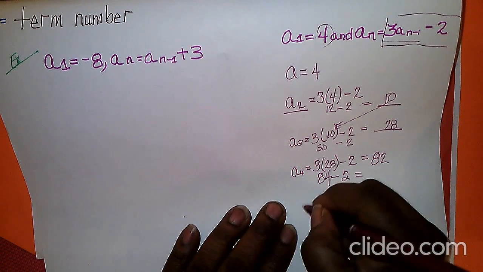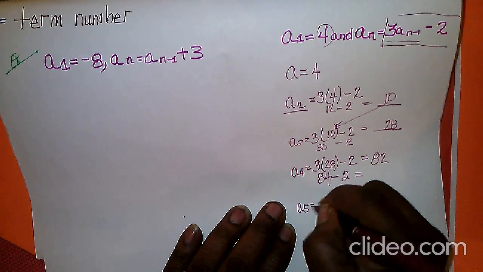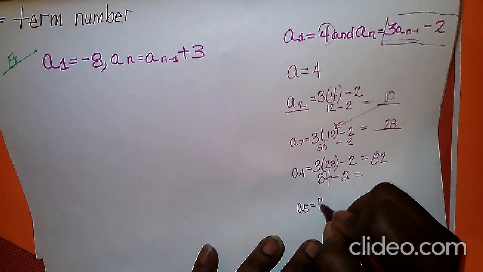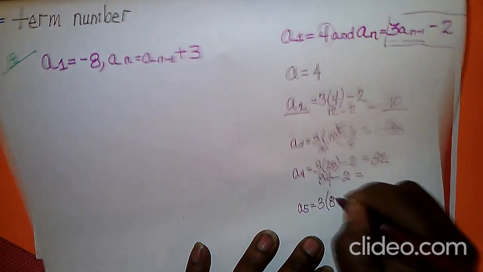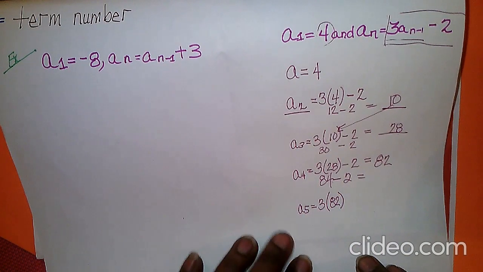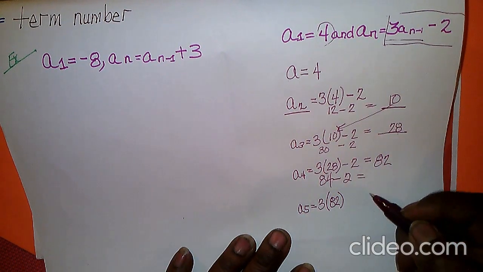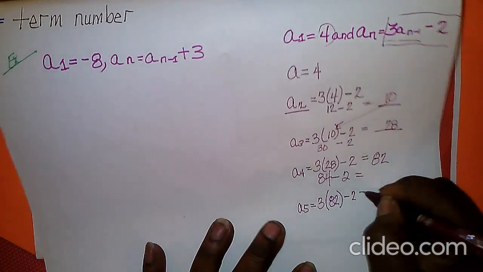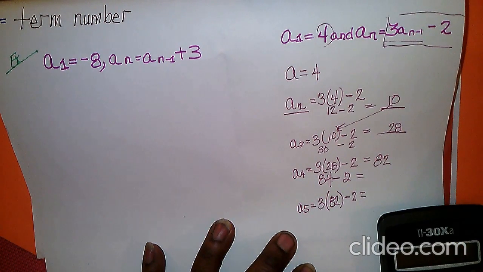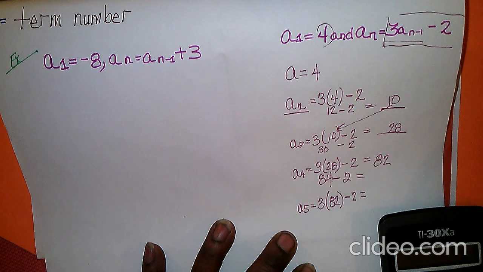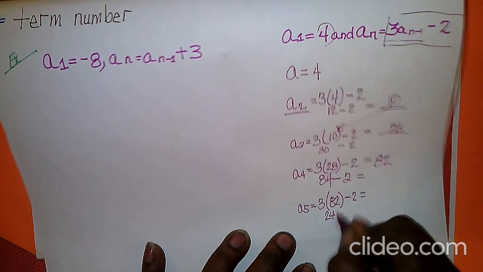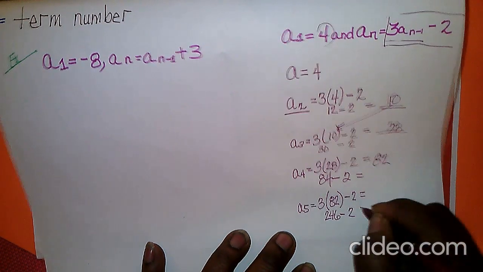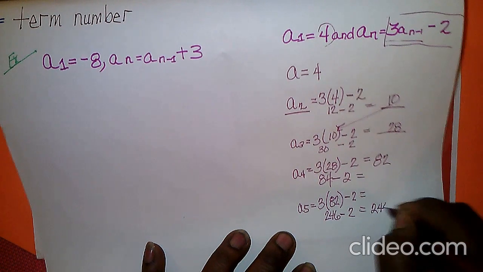And then now to A5, which is 3, and then we're going to substitute 82 in for our A, times 3 minus 2 equals 246 minus 2 gives us 244.